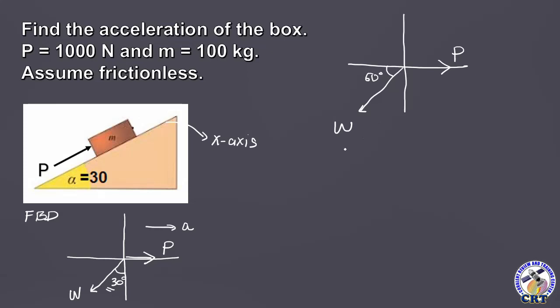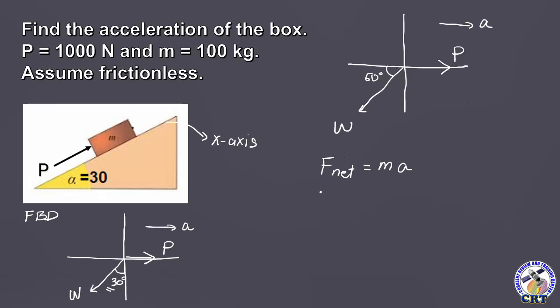Okay, so let us now solve the acceleration from the formula F net. The net force equals mass times acceleration. The direction of the acceleration is going here. Therefore, all the forces going in the direction of A is positive.